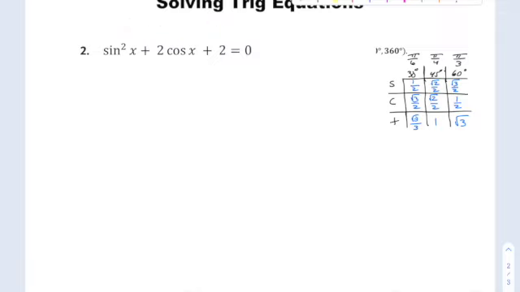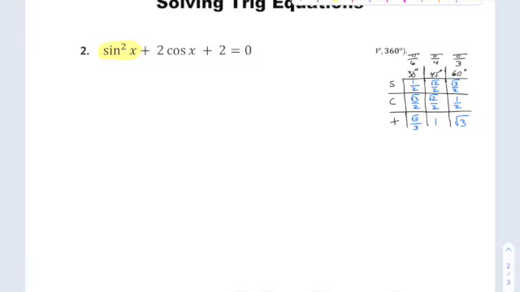So what we need to do, and maybe your ideas are already popping, is use a Pythagorean identity, right? You look to use Pythagorean identities when you have a squared function: sine squared, cosine squared, tangent squared, secant squared, any of them, there's a Pythagorean identity for it.